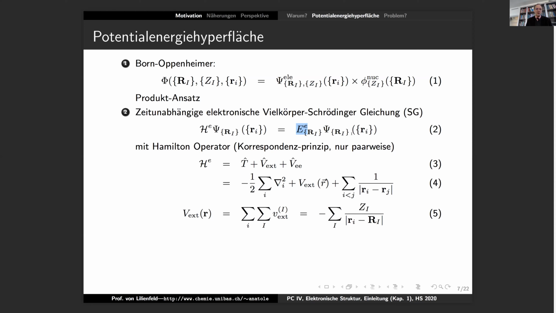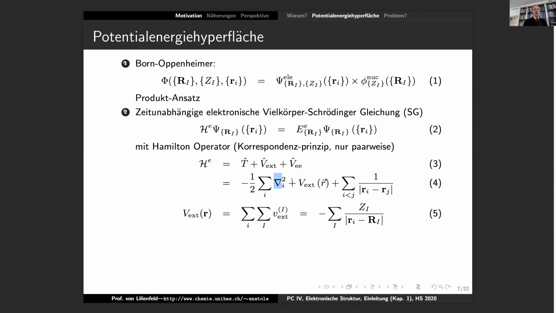You've already encountered Hamiltonian operators, right? You know how they are typically constructed by the correspondence principle. This is also what we do for the electronic structure. So we say our electronic Hamiltonian, which is basically postulated, contains three terms: a kinetic term, which has the typical quantum mechanical expression.